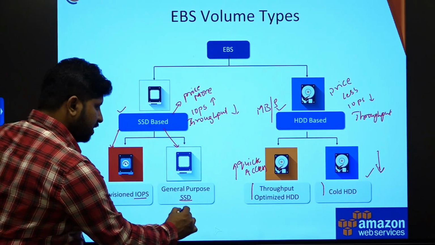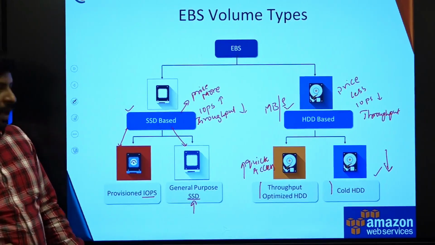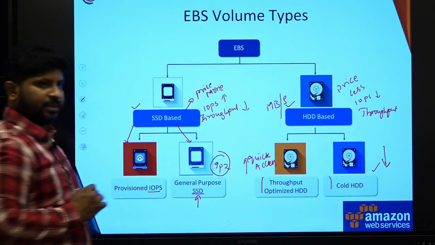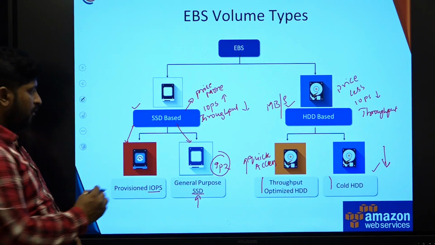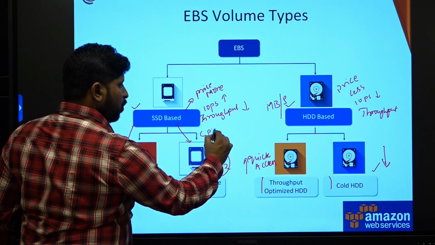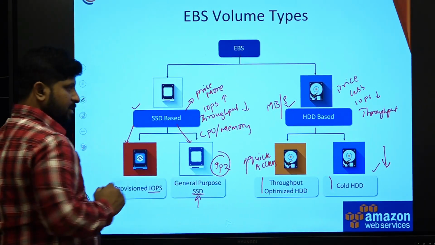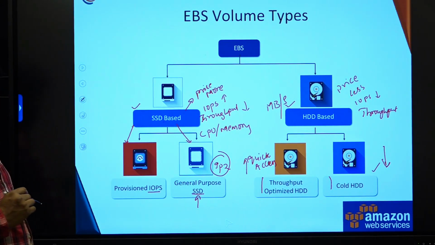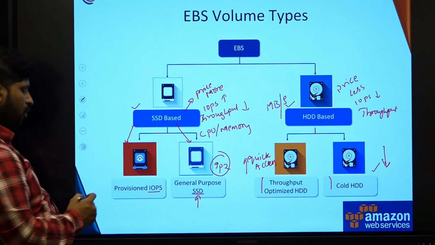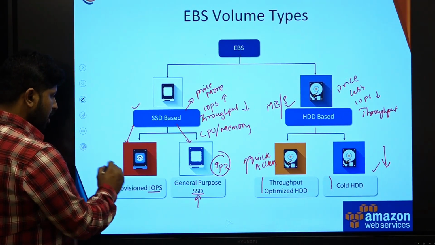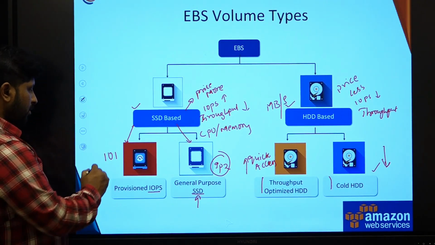General purpose SSD stands for GP2. Where you want a balance of CPU and memory, we can go with general purpose SSD. If you require higher input output operations per second, then we can go for provisioned IOPS, which stands for IO1.